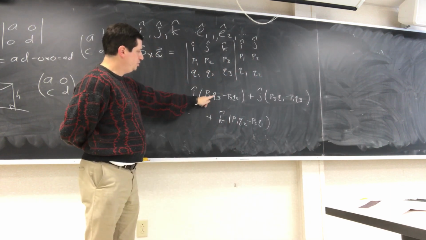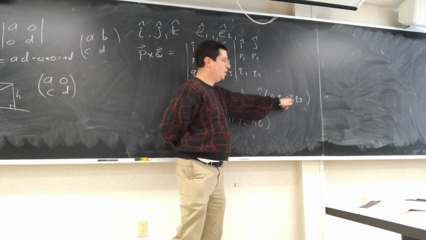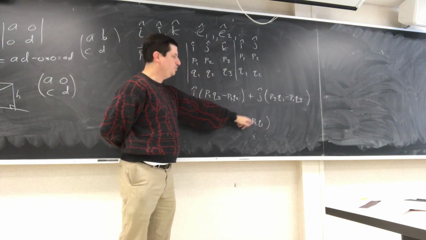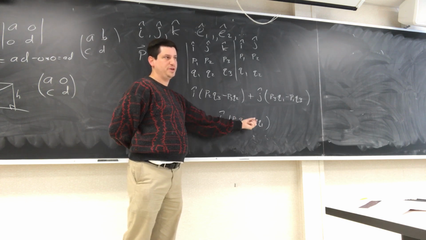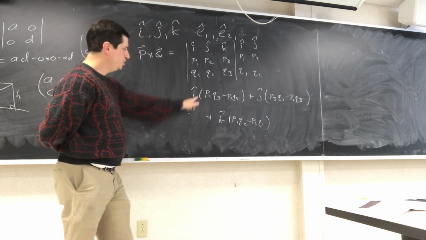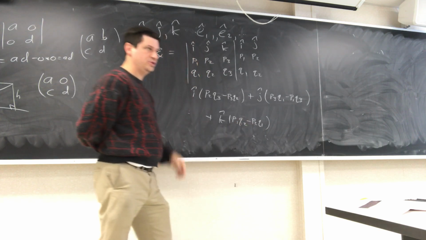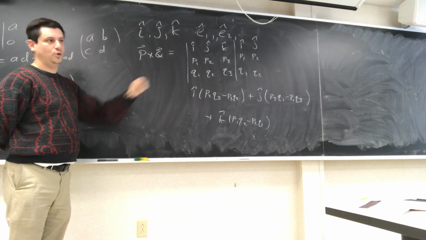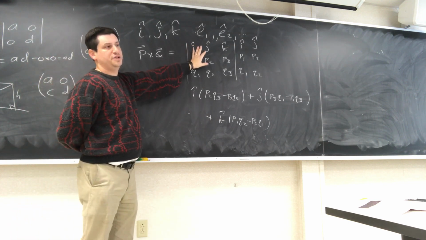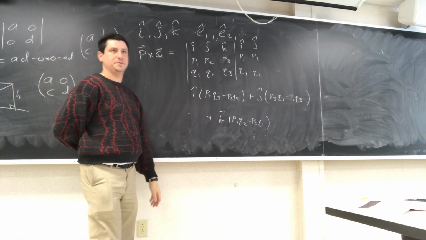And if you notice, it goes 2, 3, 3, 2, 3, 1, 1, 3, 1, 2, 2, 1. So in each one of them, the P is always first, followed by the Q. The orders change. So it goes 2, 3, 3, 1, 1, 2. It goes through cyclically. Memorize this. Or remember this expansion over here and derive it from this.